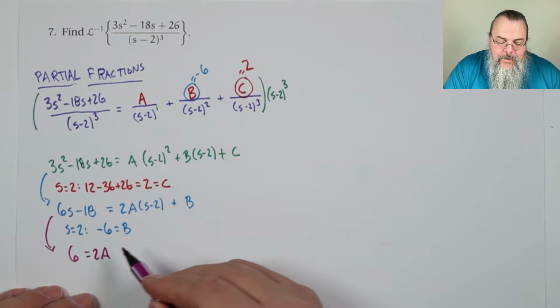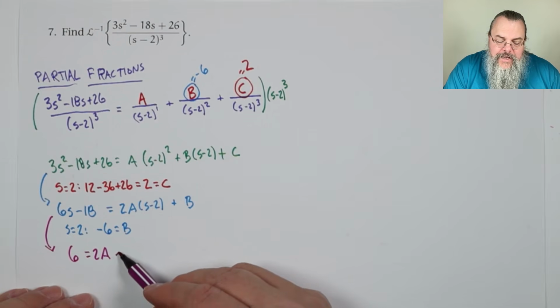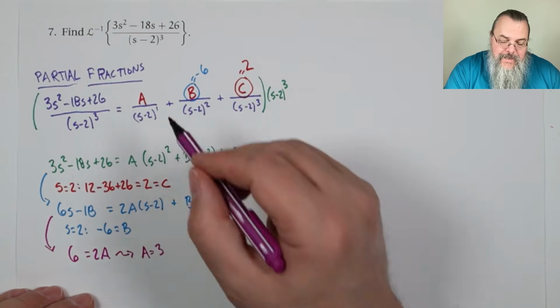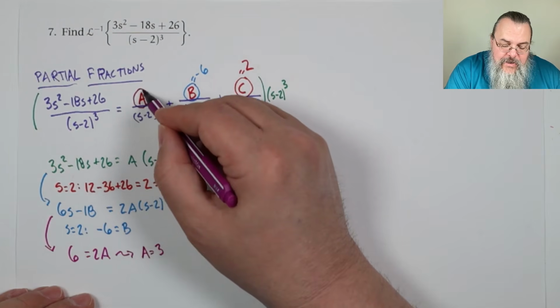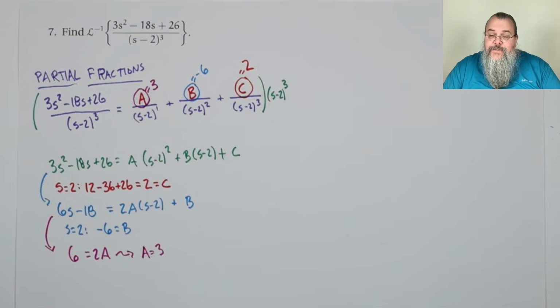And then what's the derivative of b? 0. So we get down to 6 equals 2a. Oh, we don't even have to plug anything in. That says a equals 3. And so there's our last term. Now we've solved for a, b, and c, and so we're done with partial fractions.